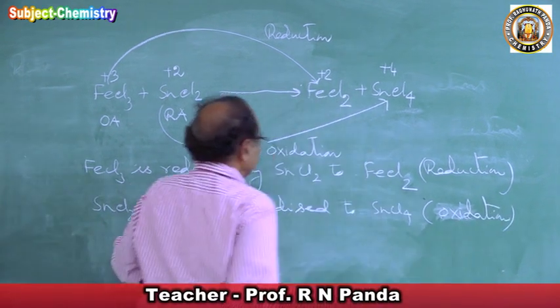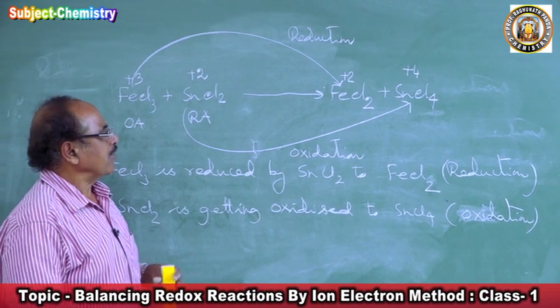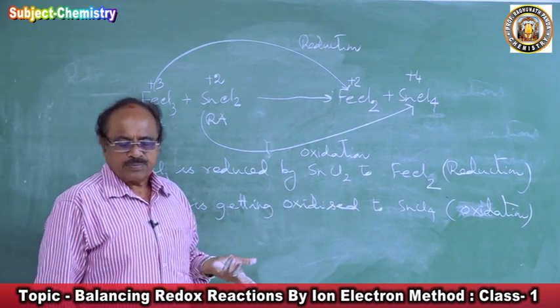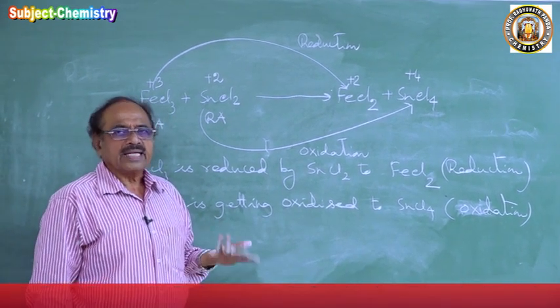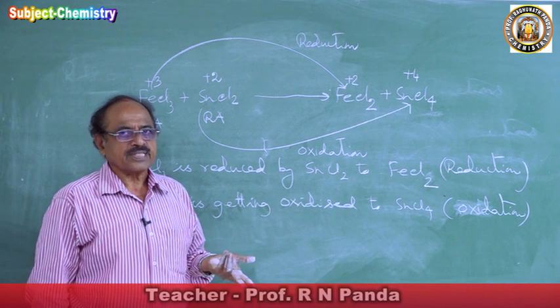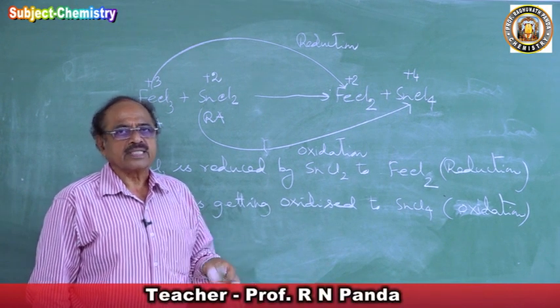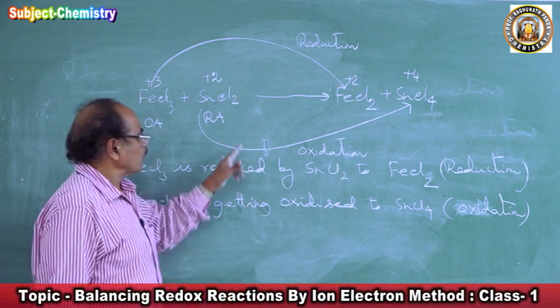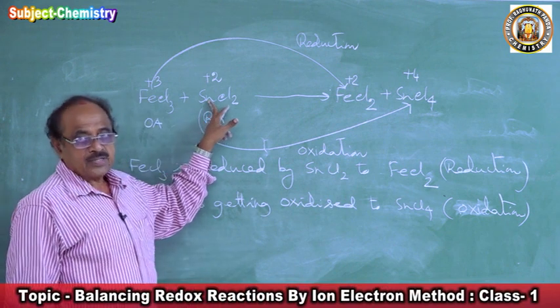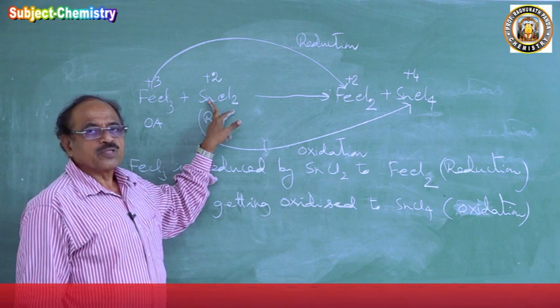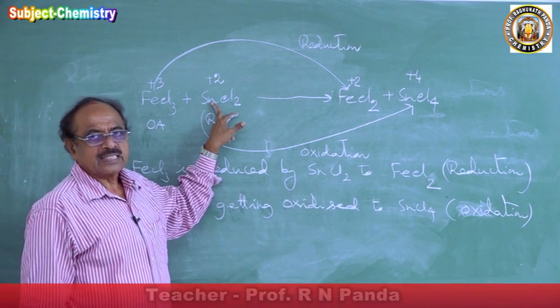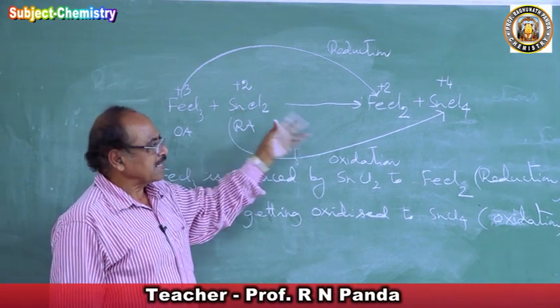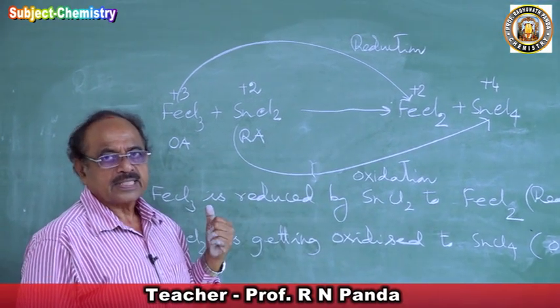So we say an oxidizing agent is one which brings out oxidation and gets reduced during the process. Hence during oxidation, reduction also takes place. A reducing agent is one which brings out reduction and gets oxidized during the process.